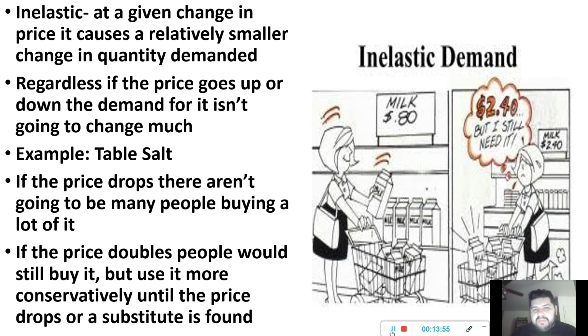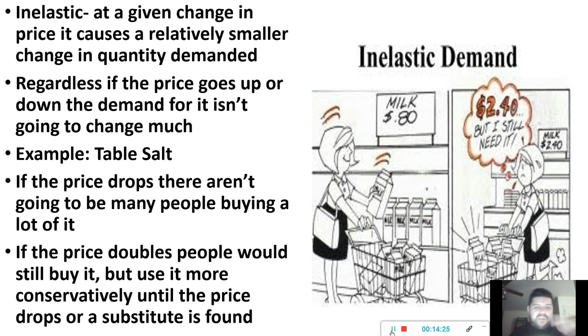I give the example of table salt. Sometimes salt is dirt cheap, but you don't see people have a garage full of it. People are like, well, I might buy an extra can, maybe two, max. But all that salt, they're like, why? And if the price goes really high, they're like, okay, well, I need it, but I'm not gonna go buck wild on it.